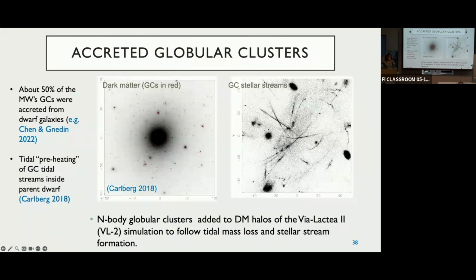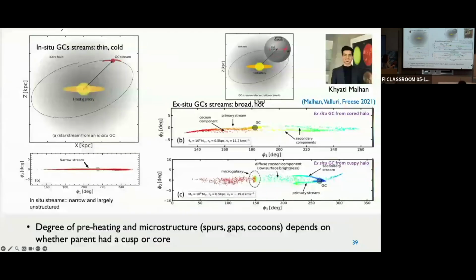Those dwarf galaxies with their clusters get accreted, the dwarf galaxy disrupts, the globular cluster is released, and it produces a tidal stream. And we think that they are accreted because they have lower metallicity than the globular clusters which are formed inside.